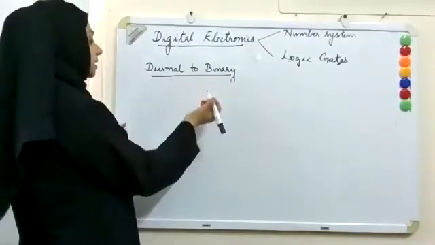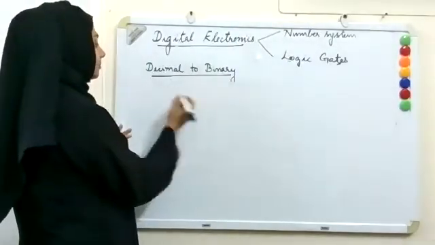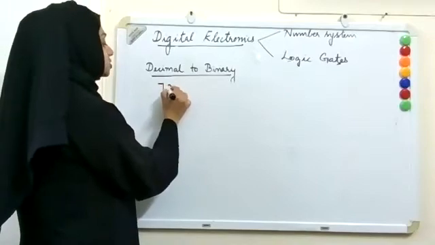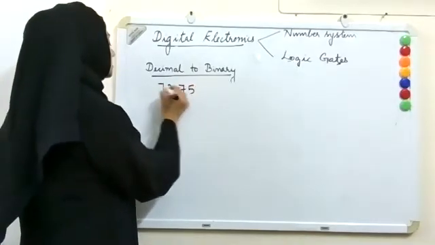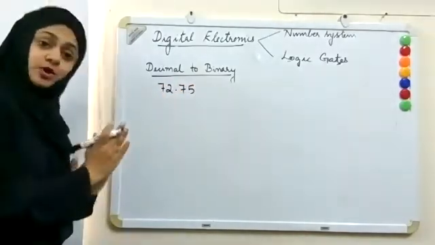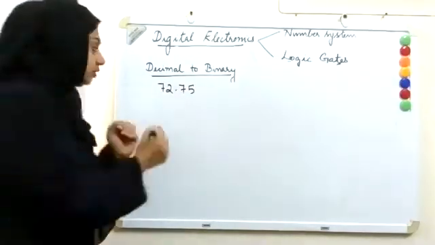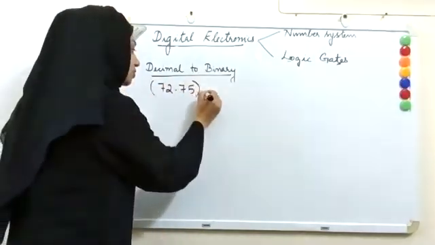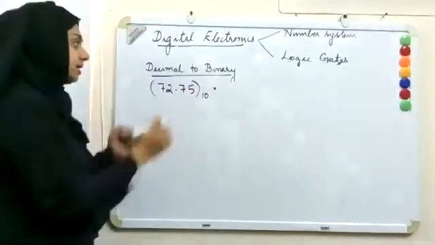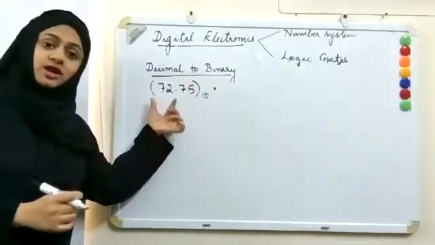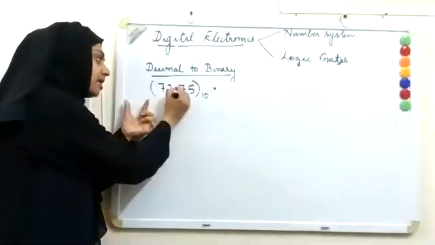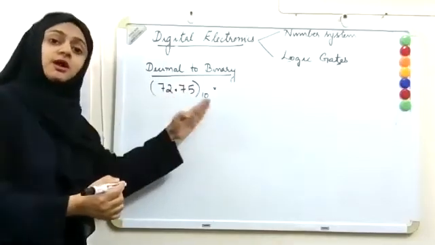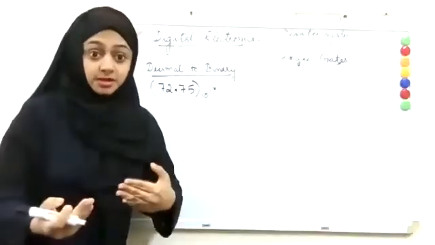Let me take another number, 72.75. Here we are going to convert from base 10 into binary. You have to take the part before the decimal point and after the decimal point separately.